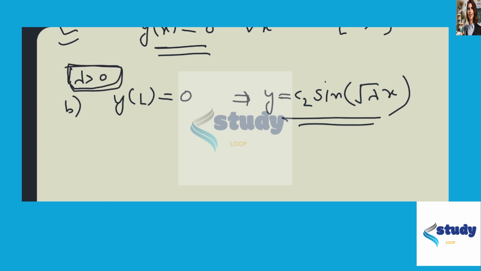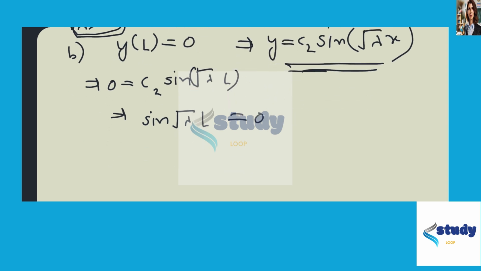For the imaginary roots we have the general solution, right? So we get 0 = c2 sin(√λ L), right? So from here we get sin(√λ L) = 0.